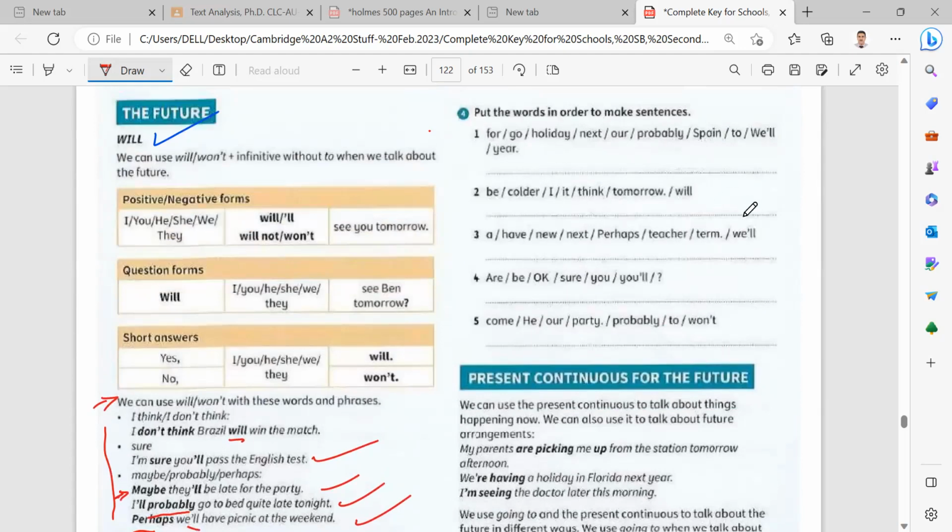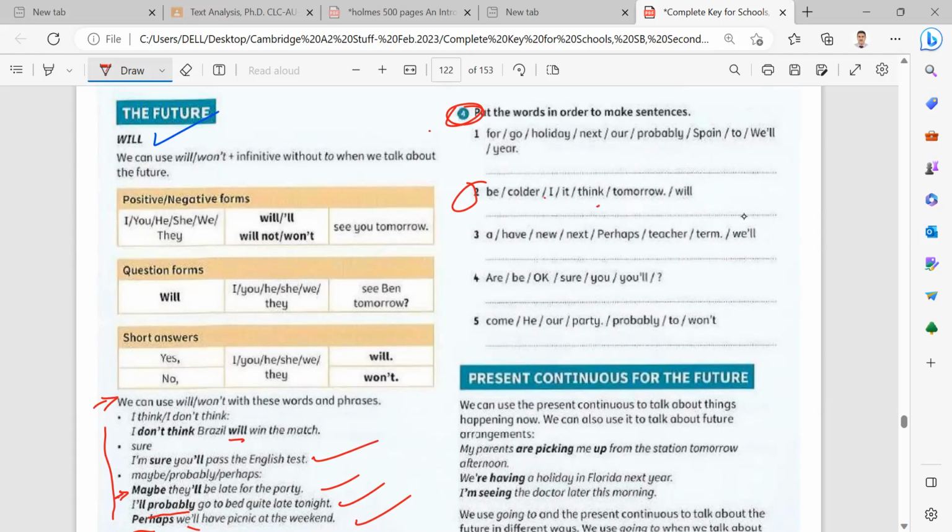طيب, here you can use this. Of course, this is really important for writing, also for speaking, how to structure the sentence. Okay? You can use anyone, for example, number 2, I think tomorrow will be colder. How to scramble this to make a correct sentence? I will be. I will or I think?